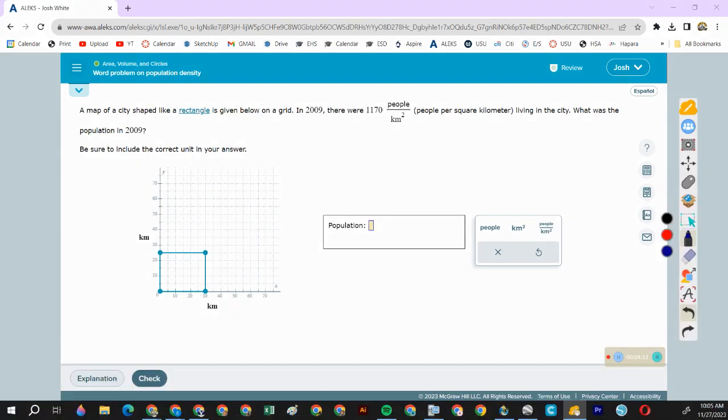Okay, here we have a rectangle. In 2019, there were 1,170 people per square kilometer living in the city. What was the population in 2019? So we want the total population, which is going to be in people.